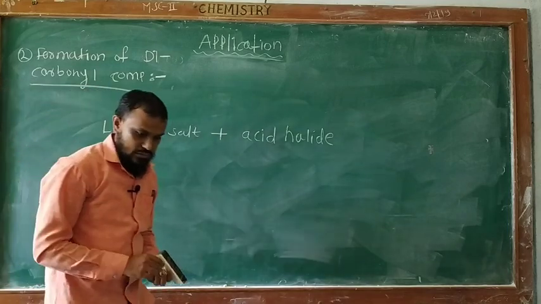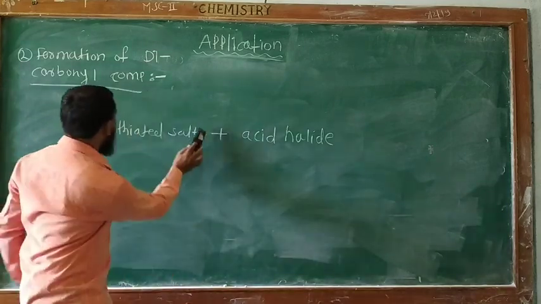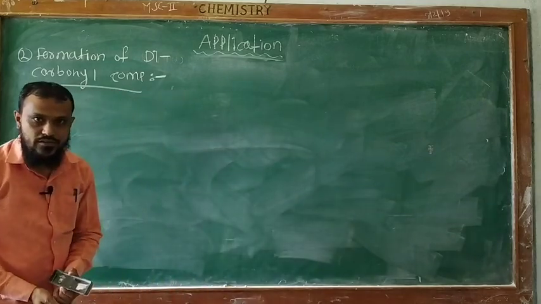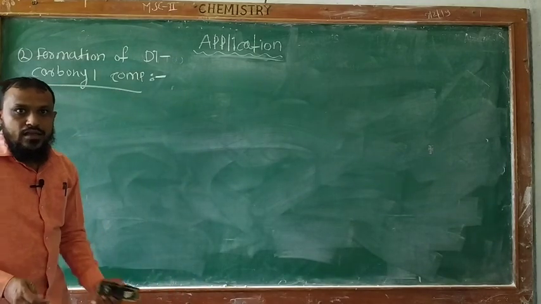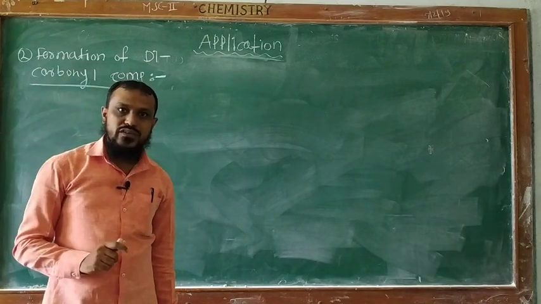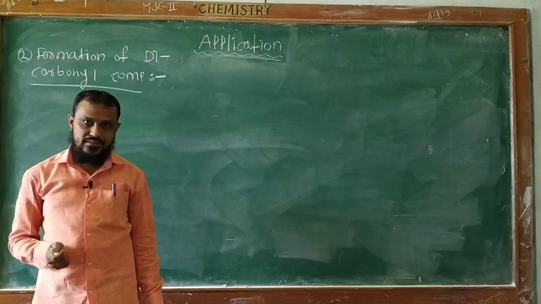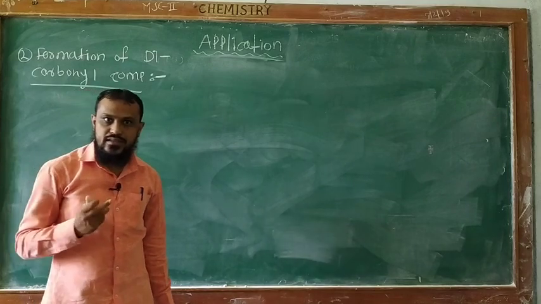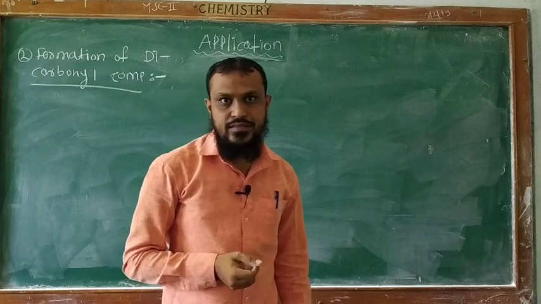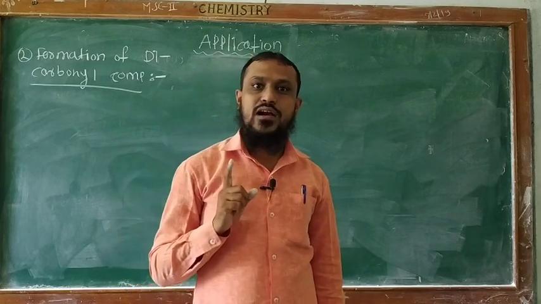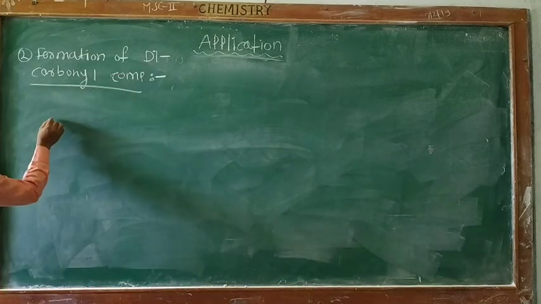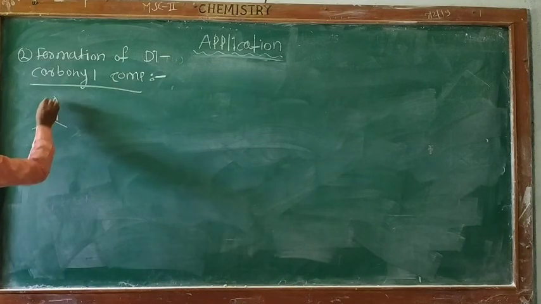Now look here. Firstly, we will prepare the lithiated salt. We know that formaldehyde is treated with 1,3-dithiol to produce the 1,3-dithiane Umpolung reagent. The Umpolung reagent 1,3-dithiane further reacts with n-butyl lithium, a strong base, to produce our lithiated salt. This is our formaldehyde.